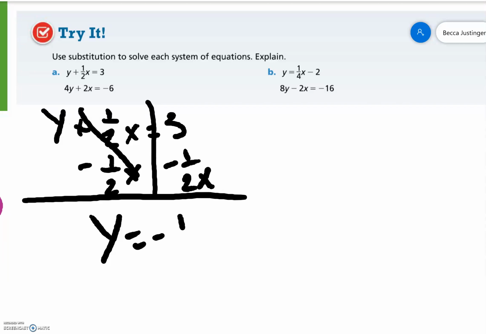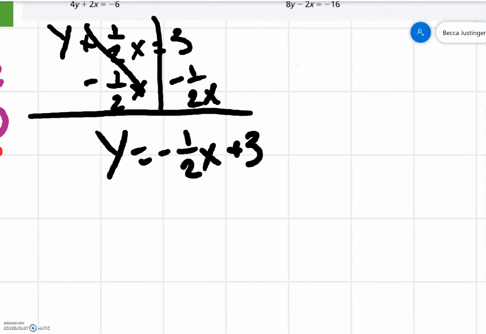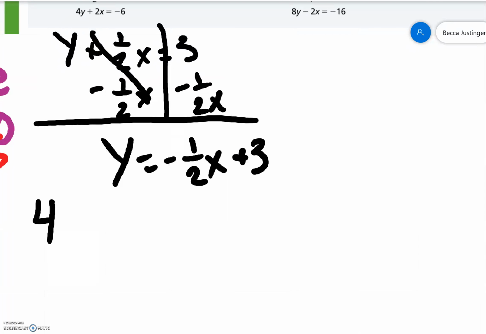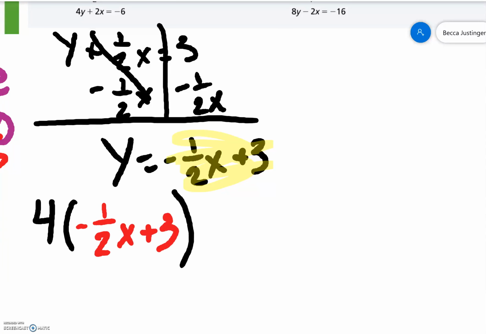Y equals negative 1/2 x plus 3. So now with my second equation, 4 times y, well, I just found out that y equals negative 1/2 x plus 3. So instead of y, I'm going to put in negative 1/2 x plus 3 and write the rest of that equation. Plus 2x equals negative 6.